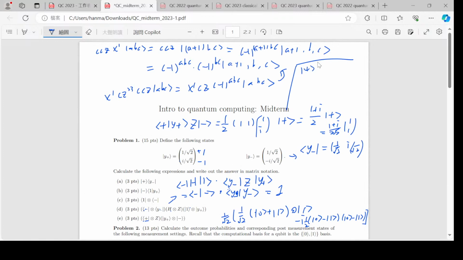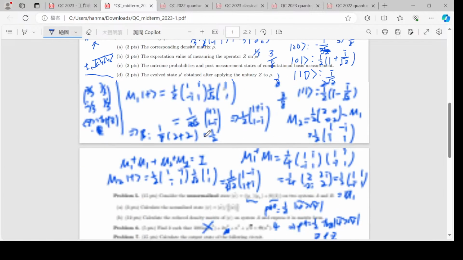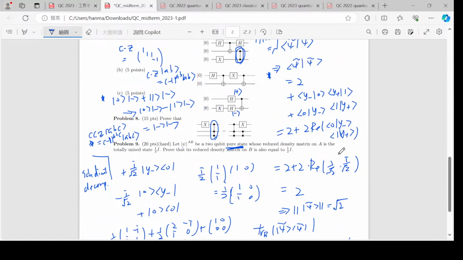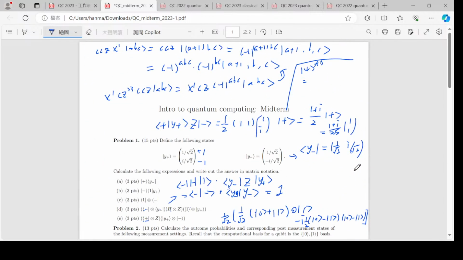So it's psi AB, and it should equal to some sum, and both of them are two qubits. So actually, the Schmidt basis should be 2-dimensional, right? Because both of them are qubits. So the Schmidt basis is also an orthonormal basis, so you only got 2 of them.